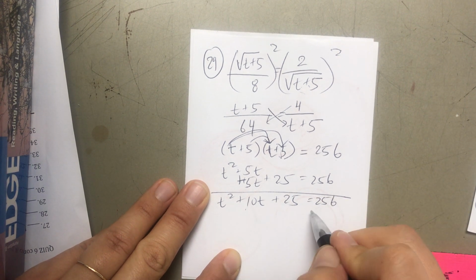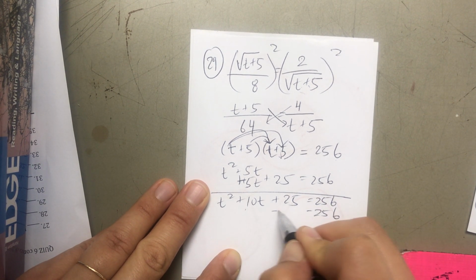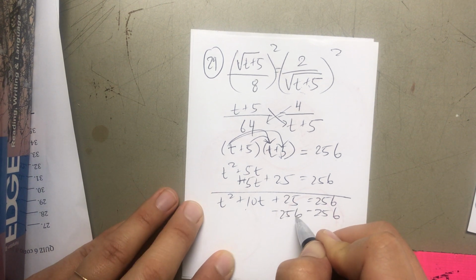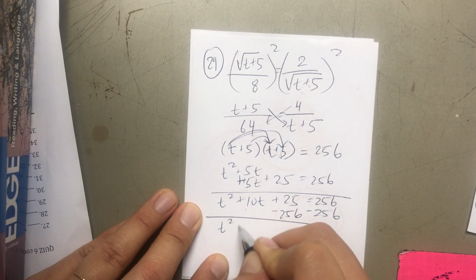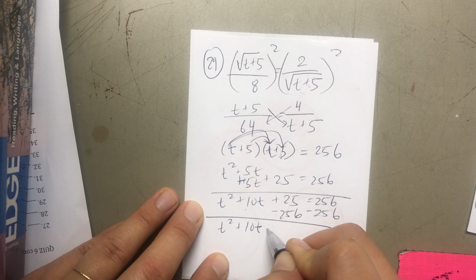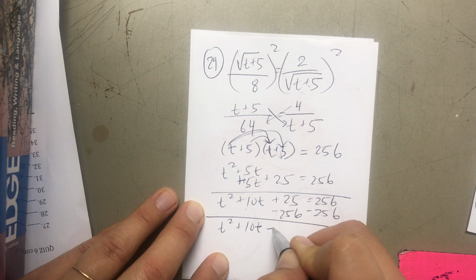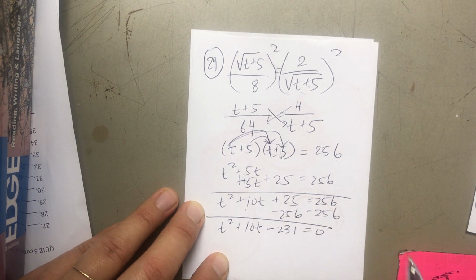We want to join it all together, so we subtract 256. And that's going to be t squared plus 10t, and this is going to be minus 231 equals 0.